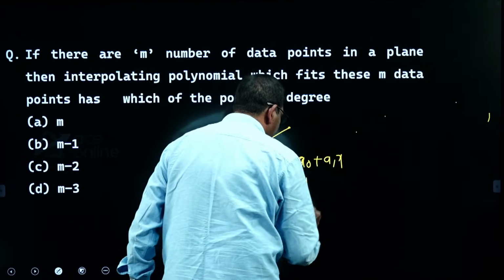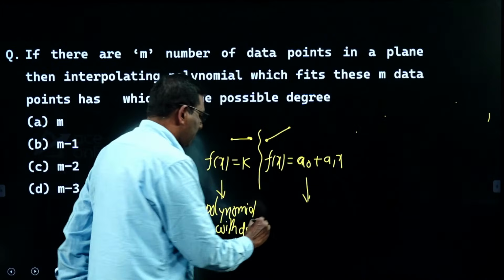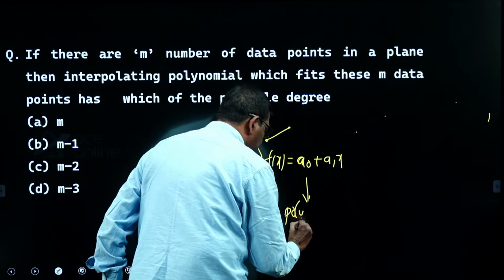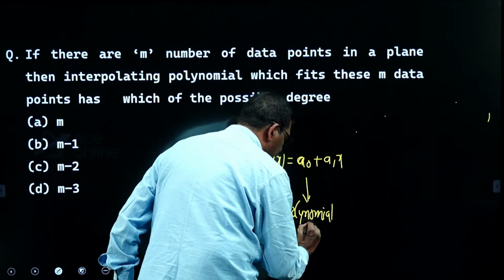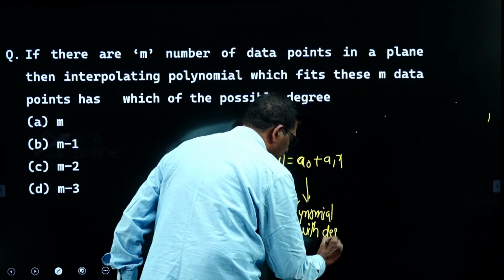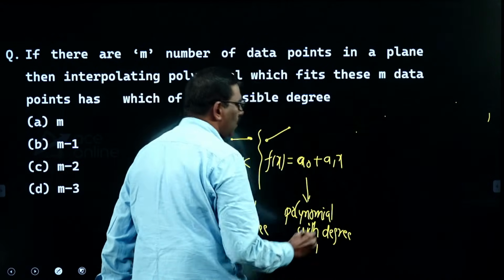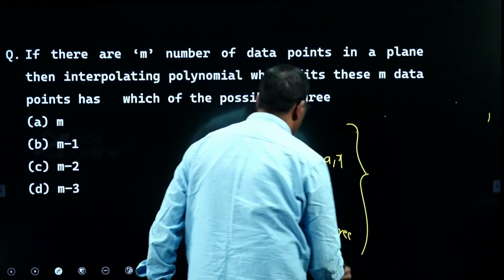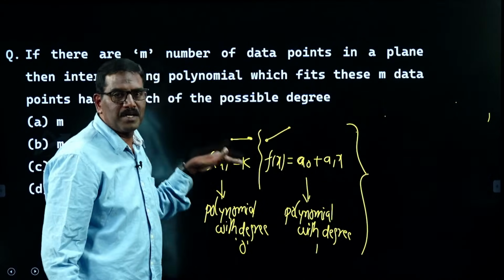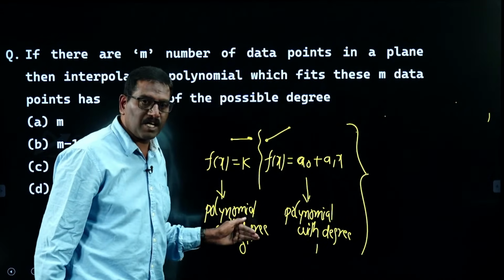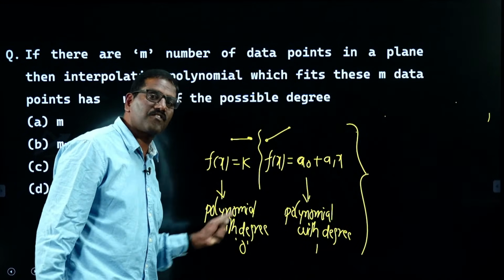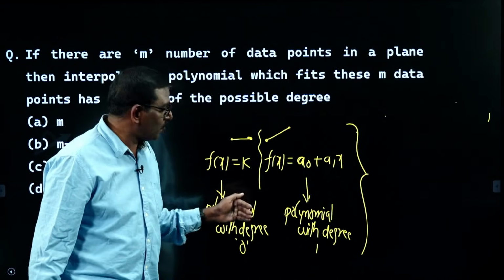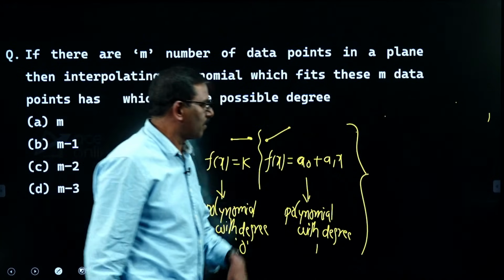A straight line like this is a polynomial with degree 1. Is it a polynomial with degree 1 or not? From this, what is the conclusion? If there are two data points in a plane, the best fitting curve is a polynomial with degree either 0 or 1. Either 0 or 1 means up to degree 1.